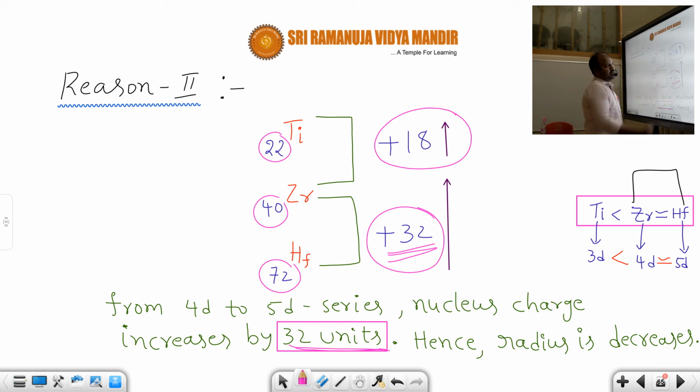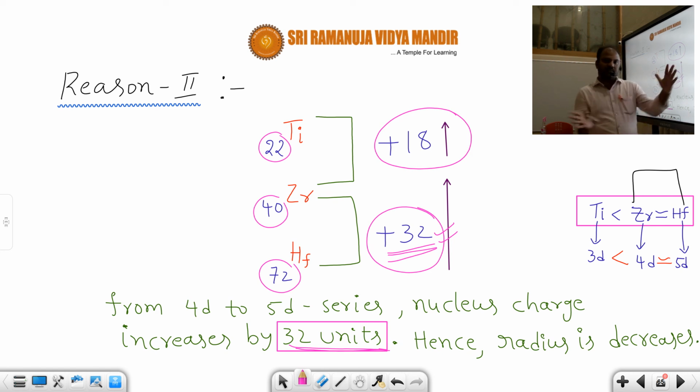Plus 18 versus 32 means almost double. 18 doubled is 36, so 32 is almost double. For your sake, imagine it like that. When almost double the number of protons increases inside the nucleus, meaning positive charge increases, the net attraction on the outermost electron increases.